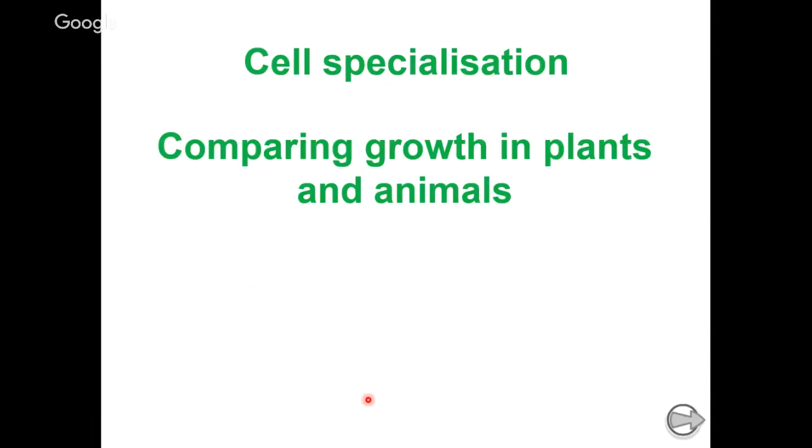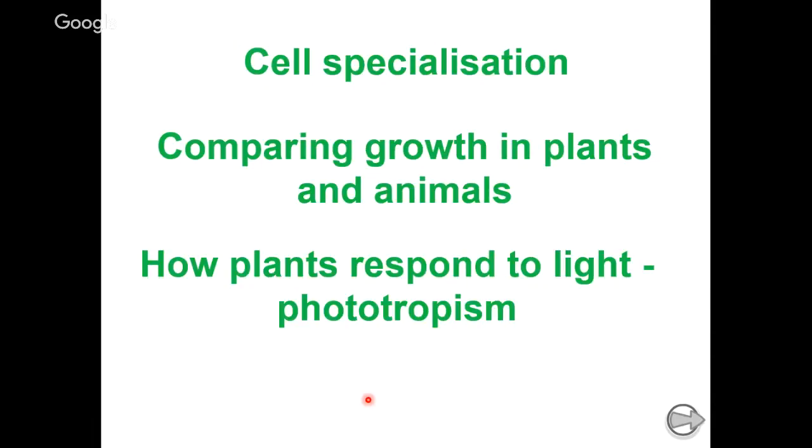We'll also compare the growth of plants and animals, and in the final bit we're going to look at the particular behavior of plants where they respond to stimuli in their environment, and in particular we're going to look at how they respond to light, which is known as phototropism.